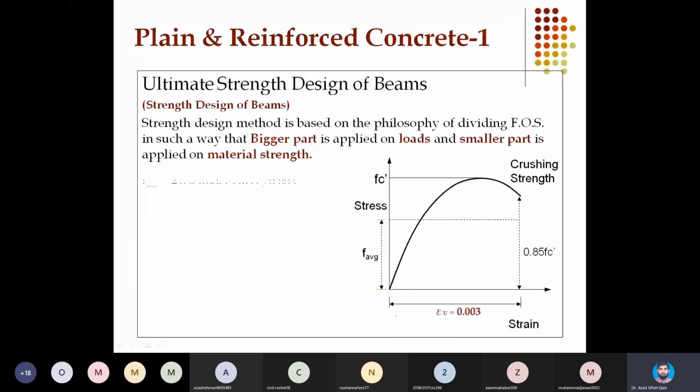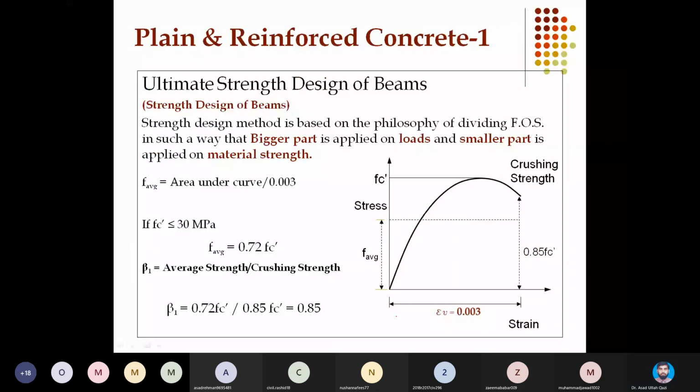Now again, we want to take into discussion this stress strain curve of concrete. As we have seen different assumptions of ACI, this is the peak compressive strength. We call it compressive strength or peak strength or maximum strength.